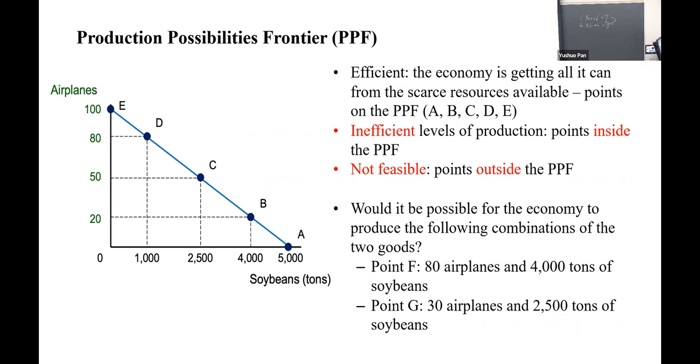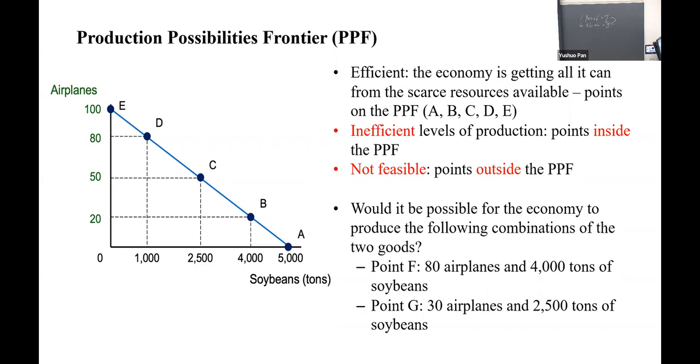So 80 airplanes here and 4,000, right? This point will be F. The next one is G, 30 airplanes and 2,500. This is G, right?